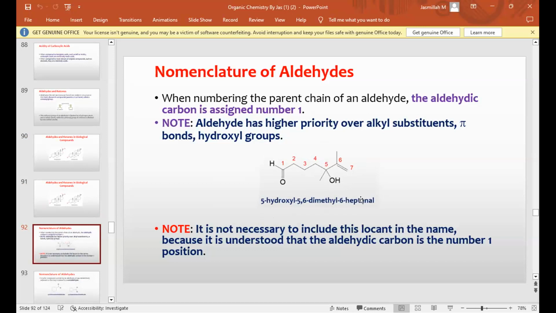We see it's not 'a' because we have this double bond here. Yes, we follow the alphabet.